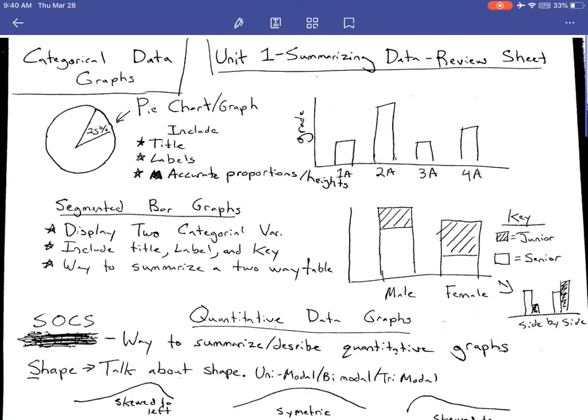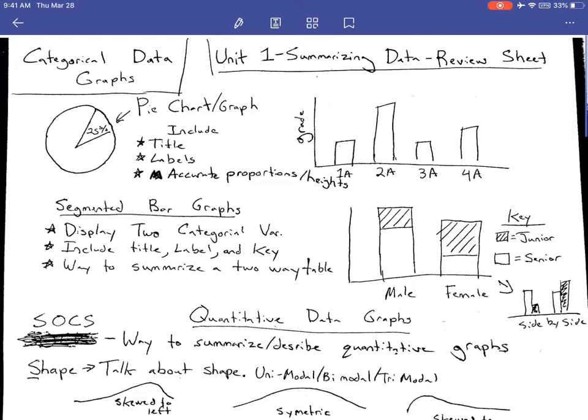You're in a category or not. So that's categorical data. And then we have quantitative data, which is where your response is a number. So what's your height? 63 inches. What's your weight? 150 pounds. Those would be quantitative data because you're given a response as a number as opposed to the categorical data.